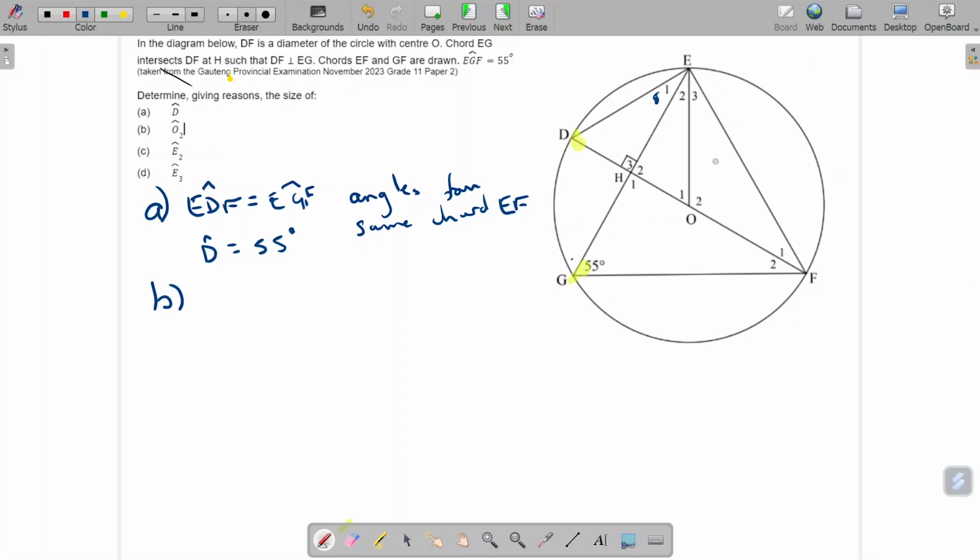Now, again, O2 is coming off chord EF. We spoke again previously about how that was relevant to the argument. And so again, I might actually encourage you to do exactly what I've done here, and that is to mark the chord EF, whether it be temporarily or permanently, for your own benefit. As a result, O2 will equal 110 degrees because the angle at center is twice the angle at the circumference.